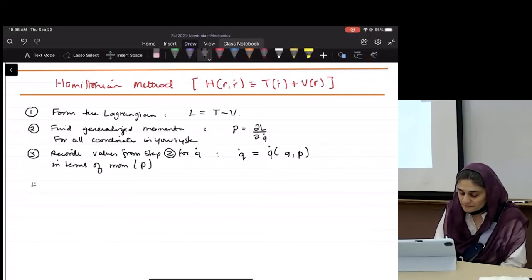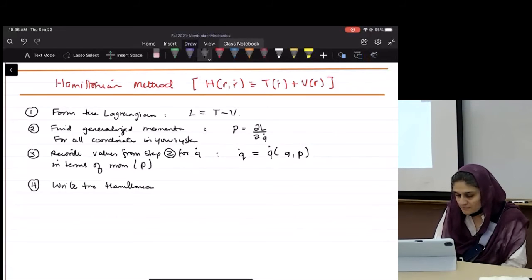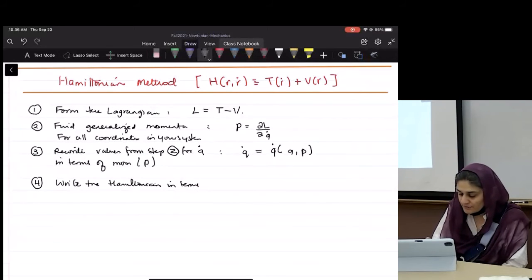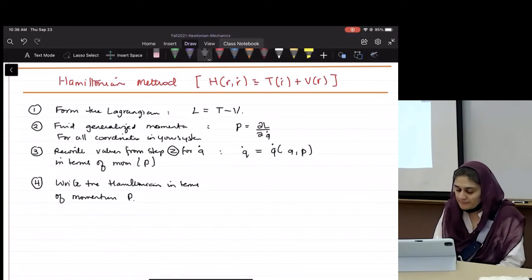Number 4: write the Hamiltonian in terms of momentum, P_i.